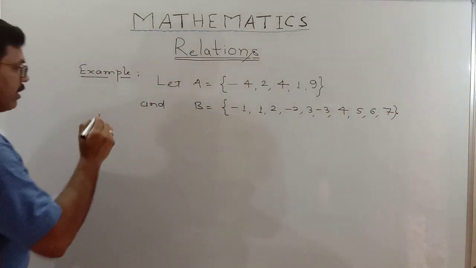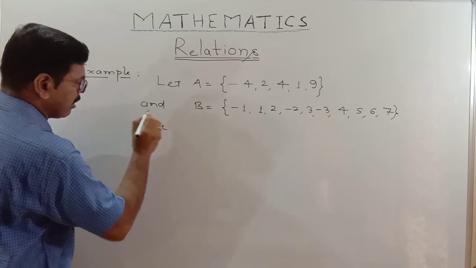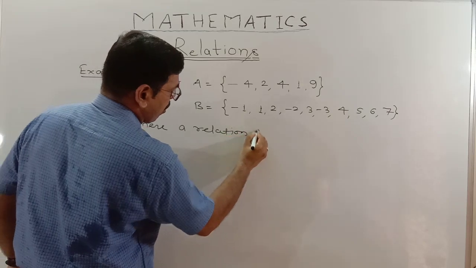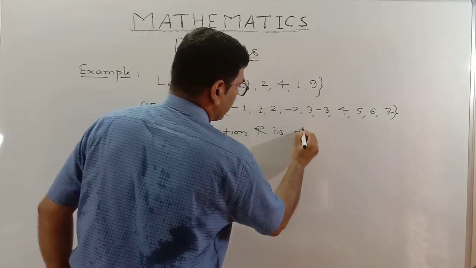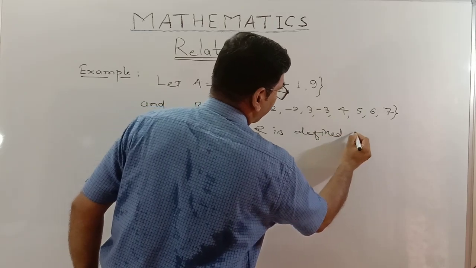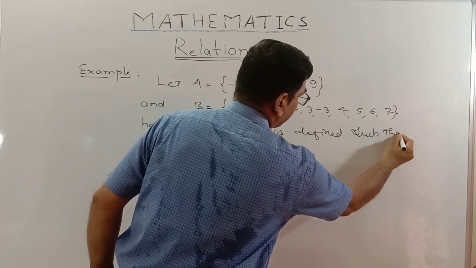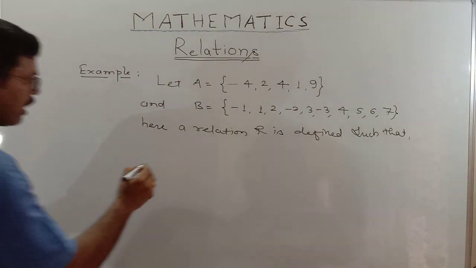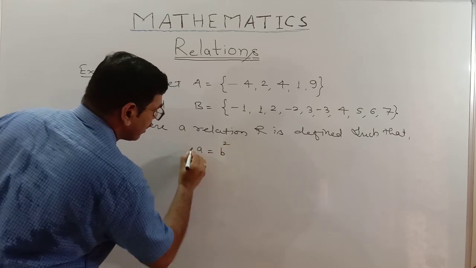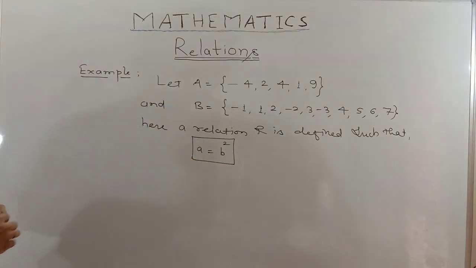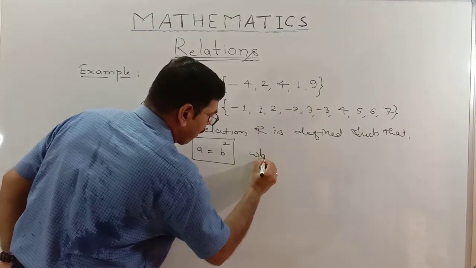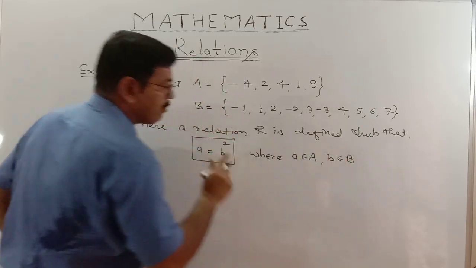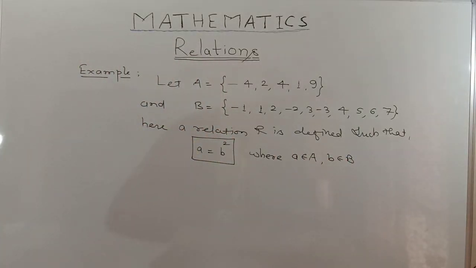And here a relation R is defined such that a is equal to b square, where a belongs to A and b belongs to B. We need to define a and b. So this is the relation.